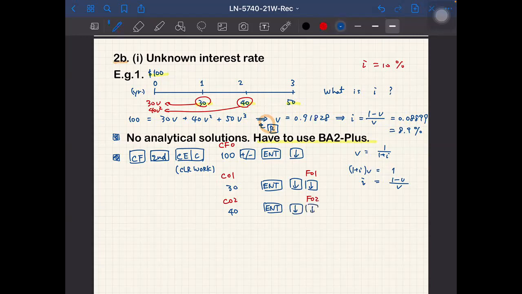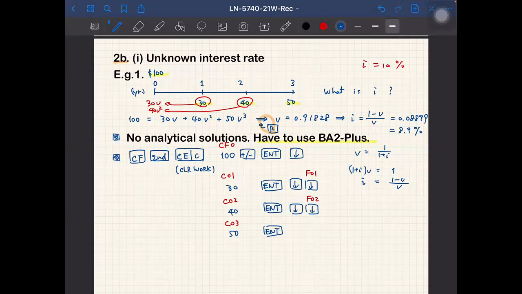Again, we only have 1 payment of 40, so we ignore it. If we have 2 payments of 40, you can type 2, enter, then down arrow. But here we can just ignore it. Then you will see C03. Then you type 50, then enter.